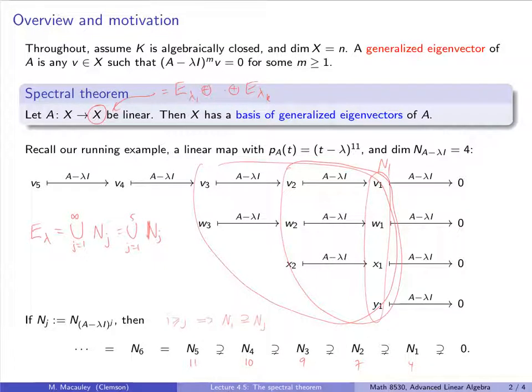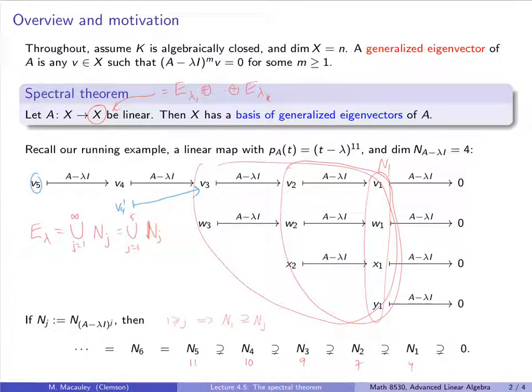Now we won't be able to prove everything about this picture in this lecture. What we will prove is that for each lambda, there is a basis of eigenvectors like this. What we won't be able to prove just yet is that these eigenvectors come in these so-called chains. For example, it's going to be clear why there has to be a v5 here. Why can there not be a v4 prime that also gets mapped to v3? And in fact, there will be other vectors that get mapped to v3, but these will be equivalent in some quotient space.